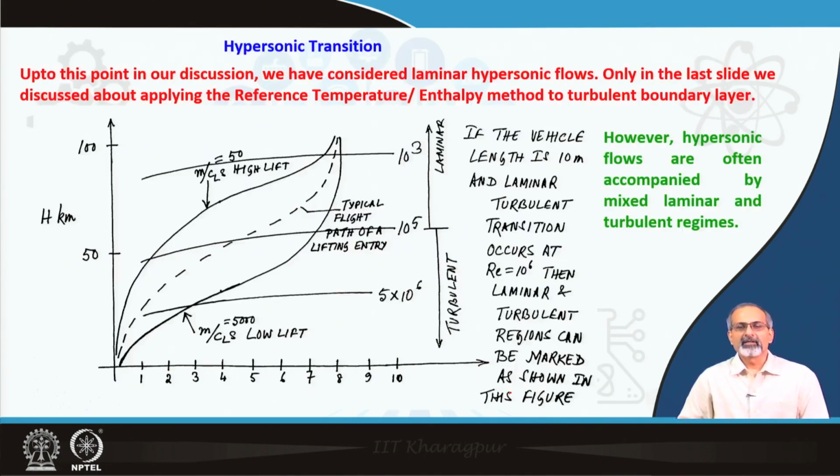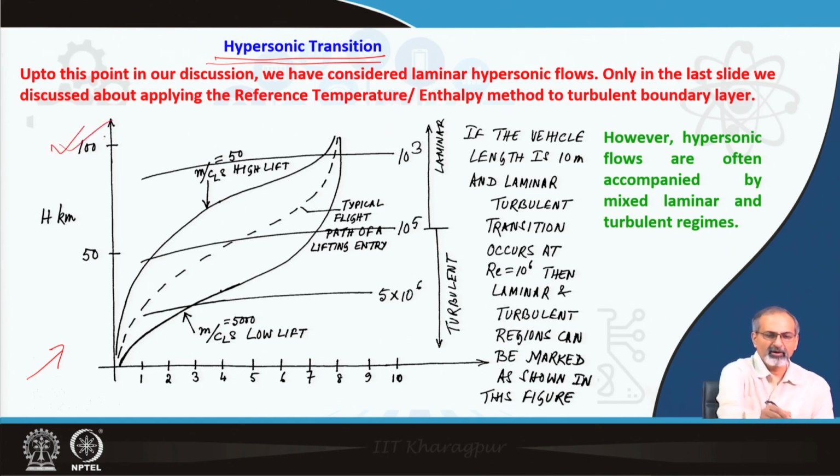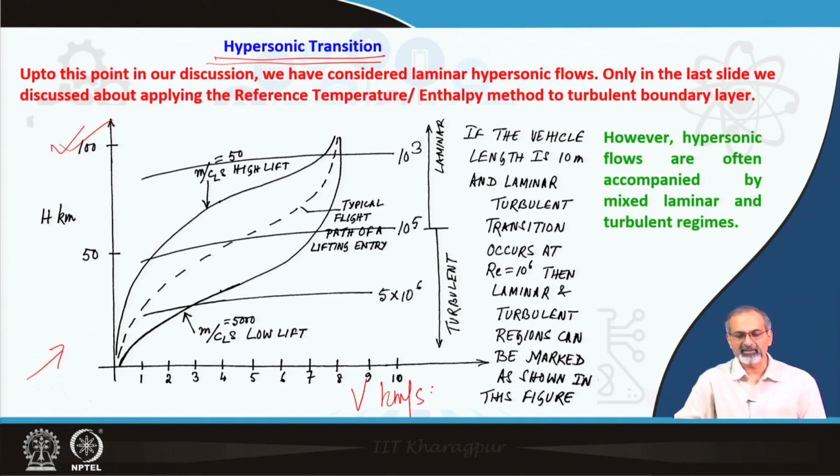As we are discussing turbulent boundary layer, it is important for us also to understand how the laminar flow transitions into turbulence, and it is worthwhile to look at a plot like this, where if we rethink about the hypersonic entry of vehicles back into Earth's atmosphere, we were talking about altitudes of the order of about 100 kilometers or so, and velocities spanning up to 10-12 kilometers per second.